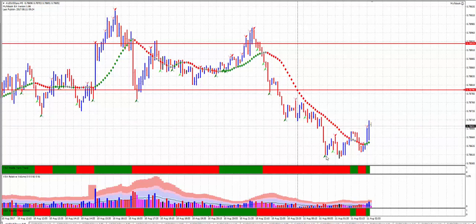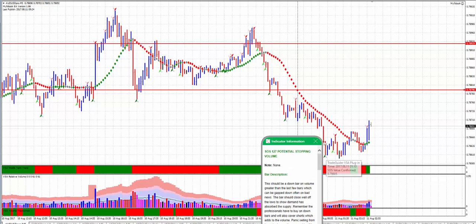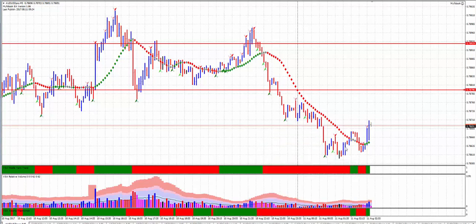But as you can see here, as prices were marked down, we start to get signs of strength, and that pushes price higher. And then if we start to see signs of weakness here, no demand after this trap up move, then we're likely to see lower prices in the Aussie.